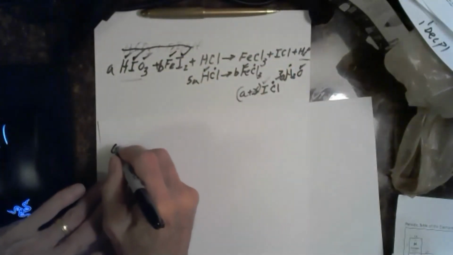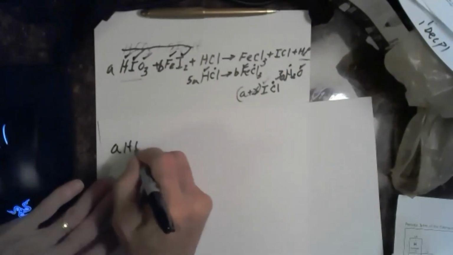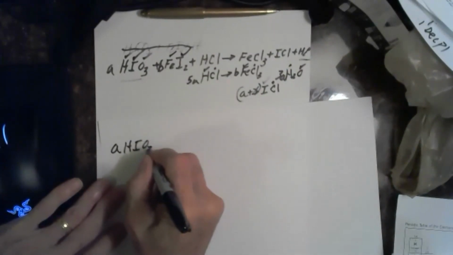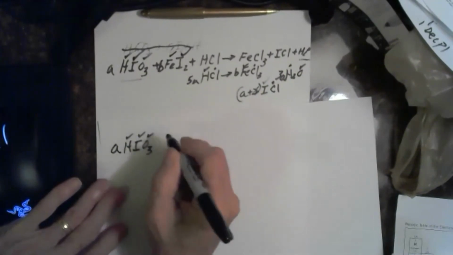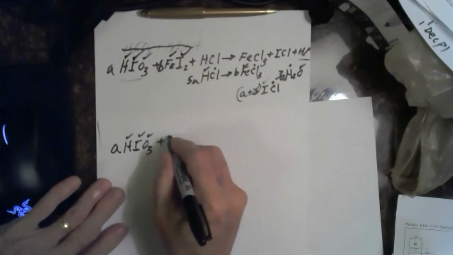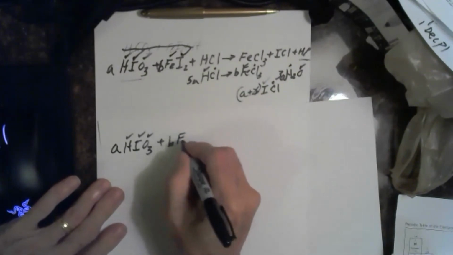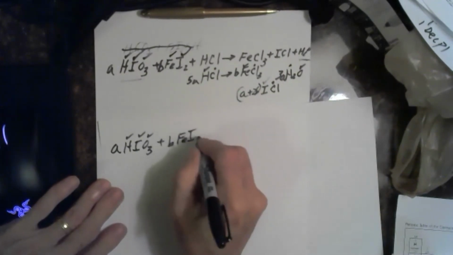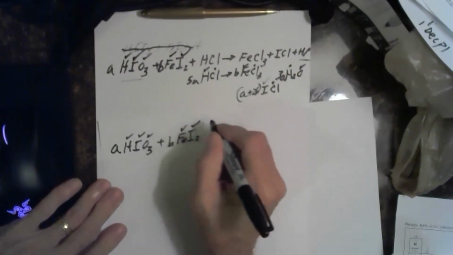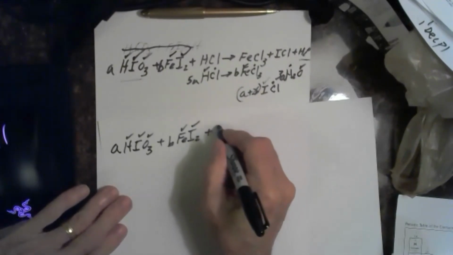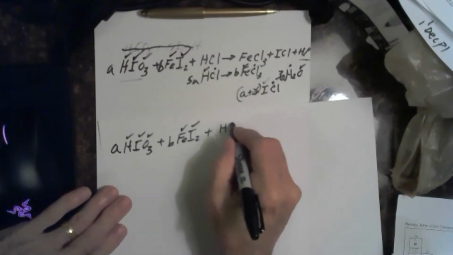I've got A HIO3, all 3 have checked at this stage, plus B FeI2, both of those are checked, plus HCl, I've not done anything with it yet.